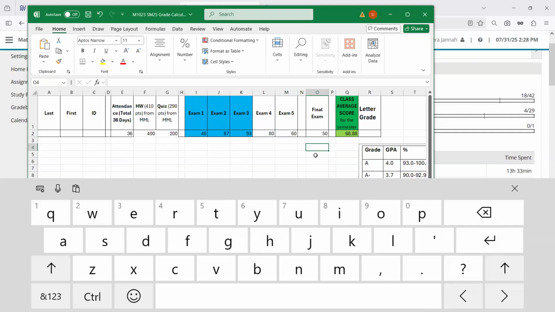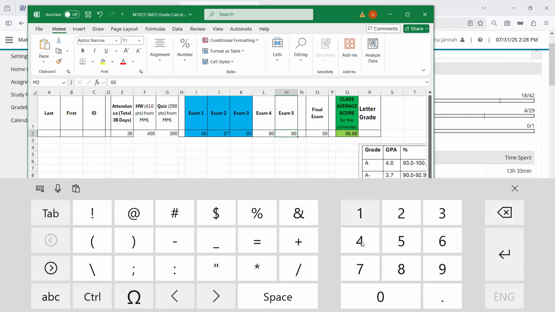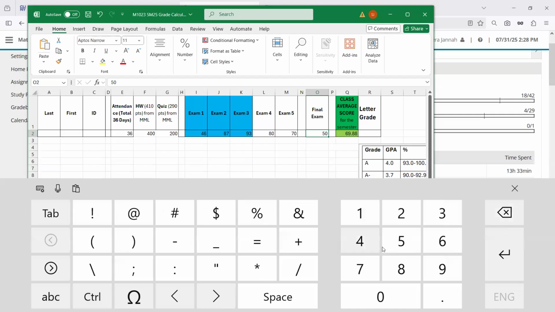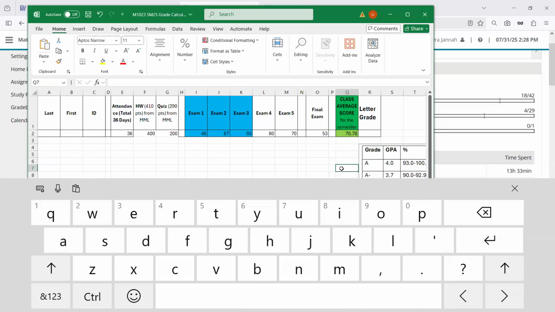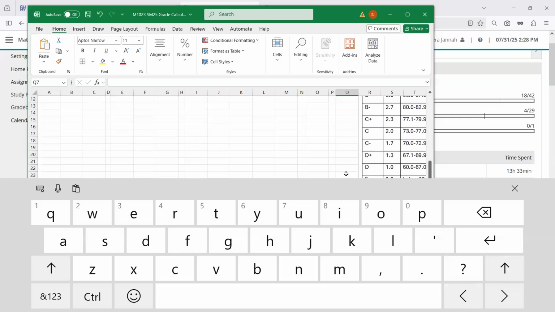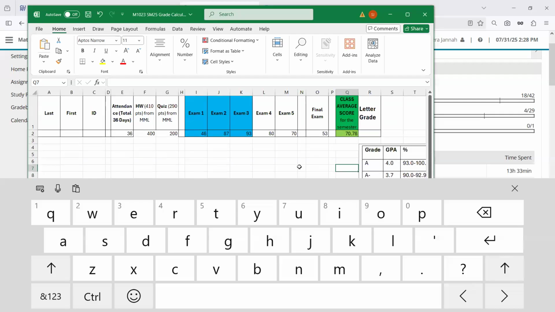With 60, you have 68, which is still D plus. Let's say 70. With 70, still D plus. Let's improve the final exam. Let's say 53. You get C. C or C minus? C minus. Wow. So C starts from 73.